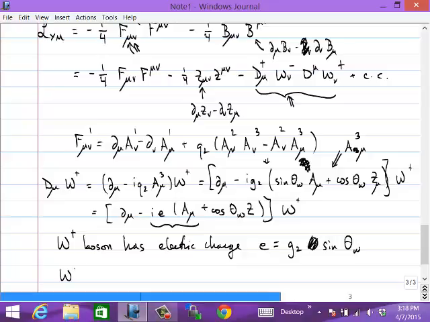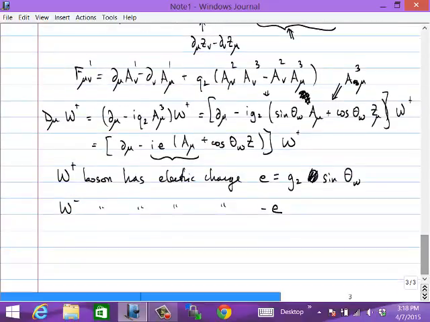And similarly, the W minus boson has opposite electric charge. So in particular, the Glashow-Weinberg-Salam theory has massive gauge bosons where the W plus/minus particles are vector fields with charge plus or minus 1.